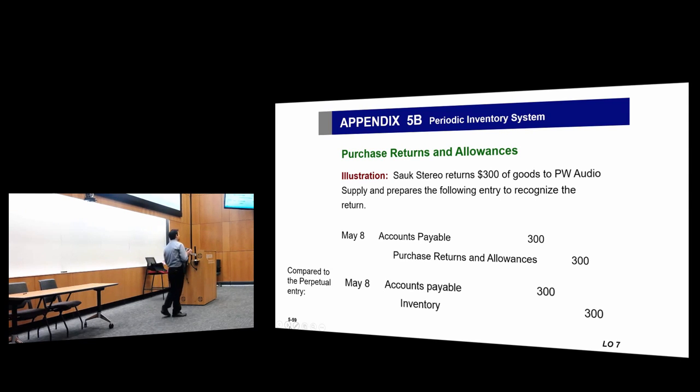So all these intermediate calculations are not in use. This is why with the periodic system it's much more complicated to look at each point in time and see the balance of your inventory, whereas under the perpetual system, after every transaction you are adjusting your inventory level.